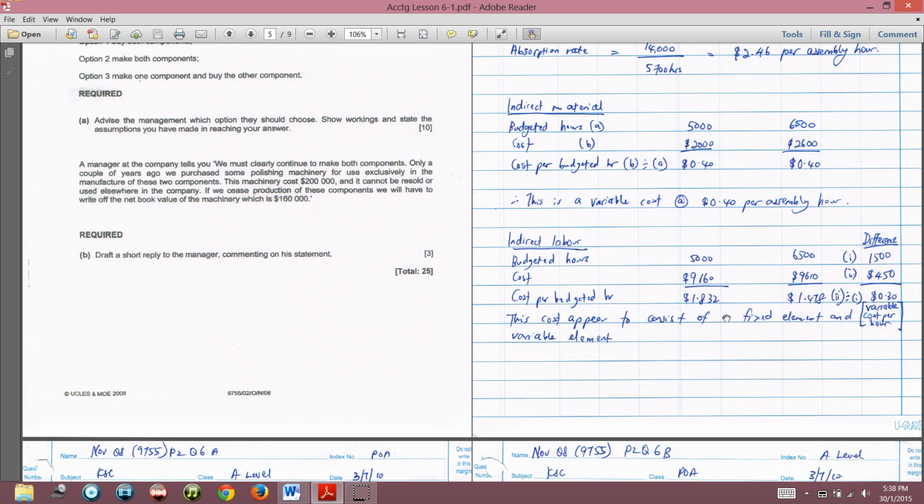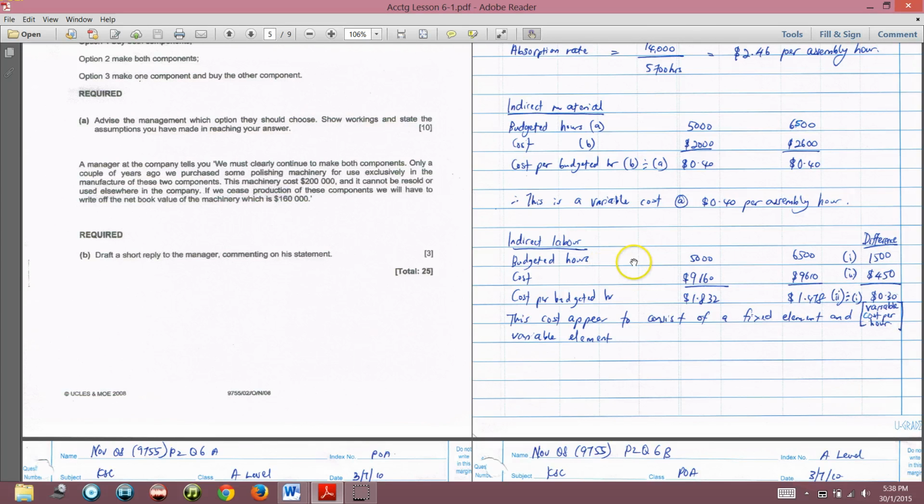In the first lesson, I explained to you that you must assume that even if there's zero production or zero revenue, the company may have to hire a security guard or a caretaker to take care of the factory. That is a fixed element of the indirect labor. So even if the budgeted hours is zero, that means the production is at zero level, you must incur a certain amount of salary cost for your indirect labor.